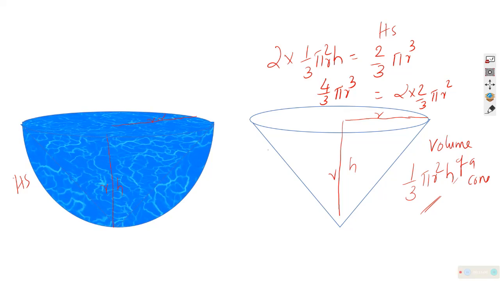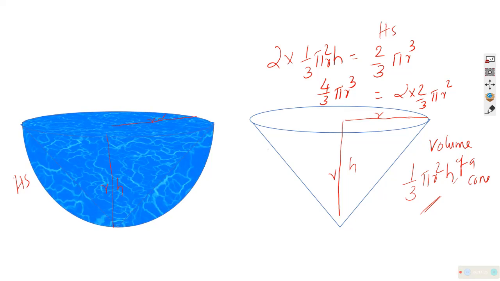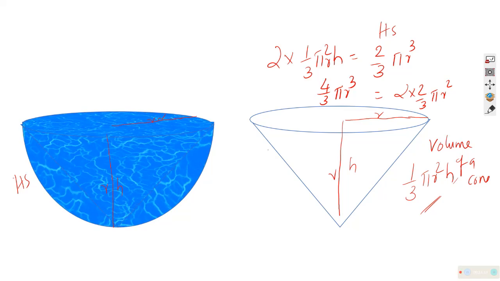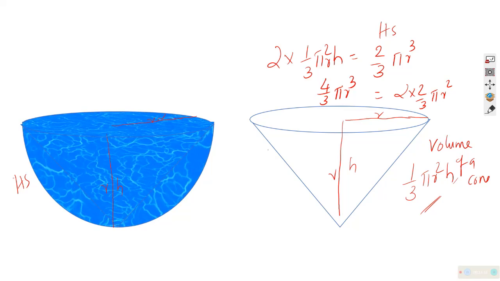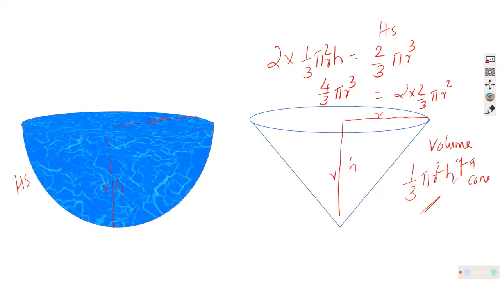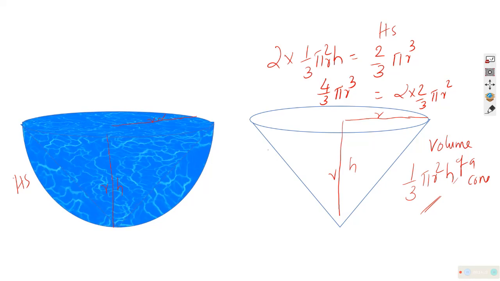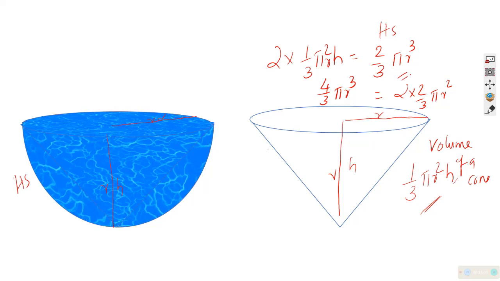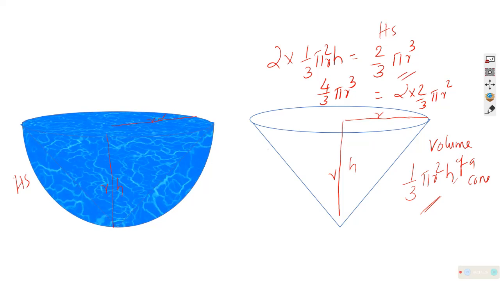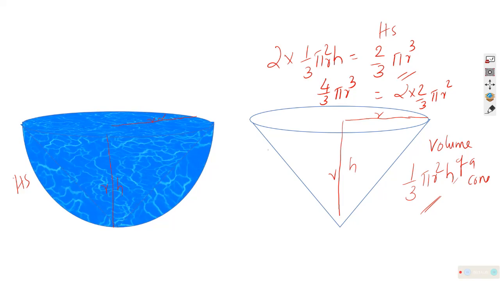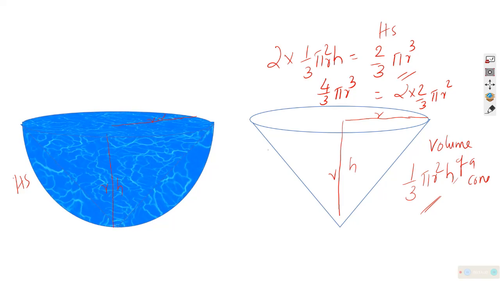Now from the same cone we could find out that 2 times the cone volume of same radius and height, radius and height are same for hemisphere, is equal to the volume of hemisphere, and we get the formula 2/3 pi r cube as the volume of hemisphere, and 2 times of that, 4 by 3 pi r cube, is the volume of a sphere.